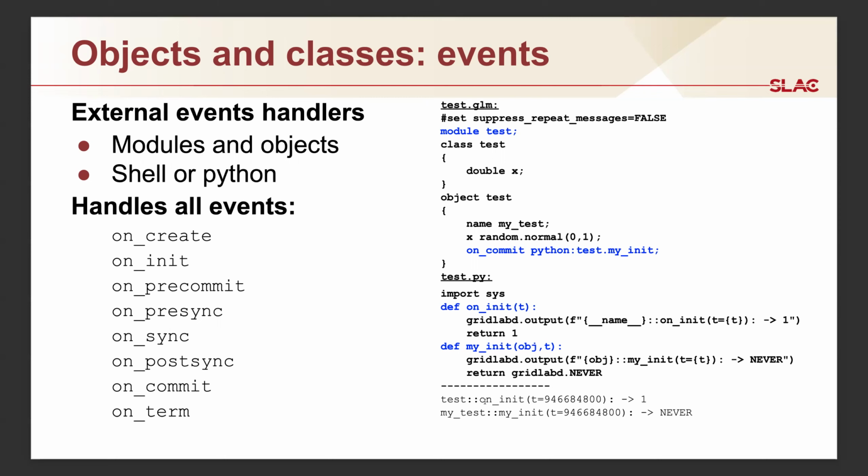So notice here that onInit is called when the initialization of the simulation occurs, but this second myInit is called when the commit handler occurs. So we can use this to create all sorts of event handlers for different events in objects, and those objects will then call these Python code fragment handlers when appropriate.